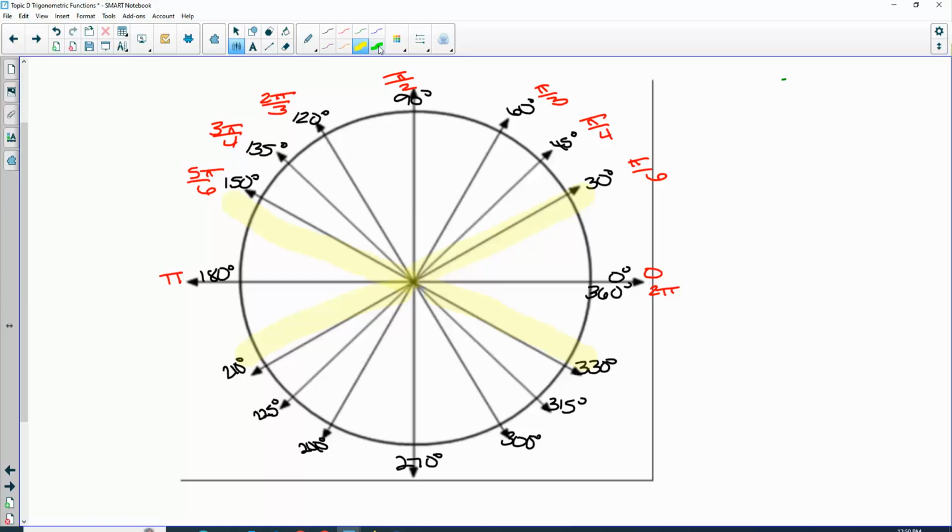All right, third quadrant, you're doing pi plus each of these, so the top is one higher. So 7 pi over 6, 5 pi over 4, 4 pi over 3.